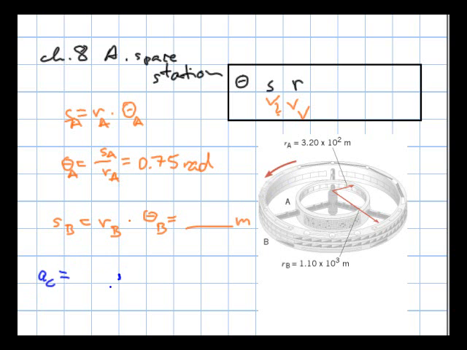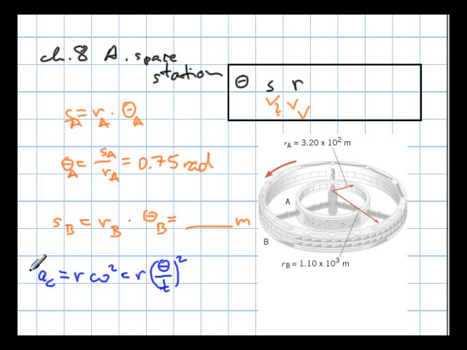I didn't mean to make the smear here. Respectively, in this chapter, they show us that this can also be written as r times omega squared. And omega squared is the same as delta theta divided by t, squared.